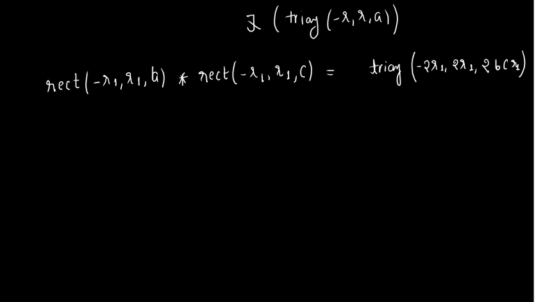Let us first find the Fourier transform of this triangular signal, and then we will just replace the value of R1 with the corresponding R.